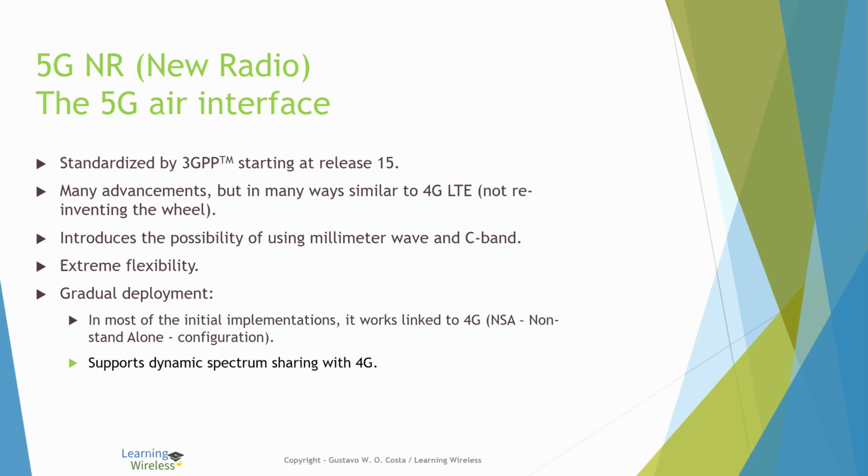And on top of that, another characteristic was that it was planned to have a dynamic spectrum share with 4G. So like in the very beginning, when 5G was being introduced, you have pretty much only 4G phones and very few new 5G capable phones. And yet you can use the capacity and drive this capacity mostly to 4G.